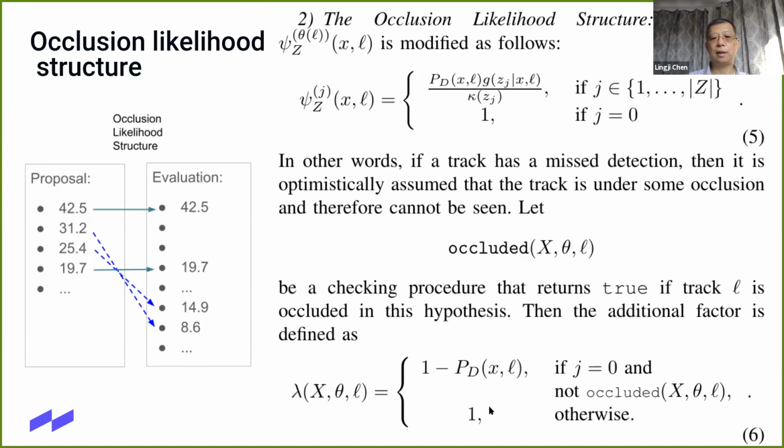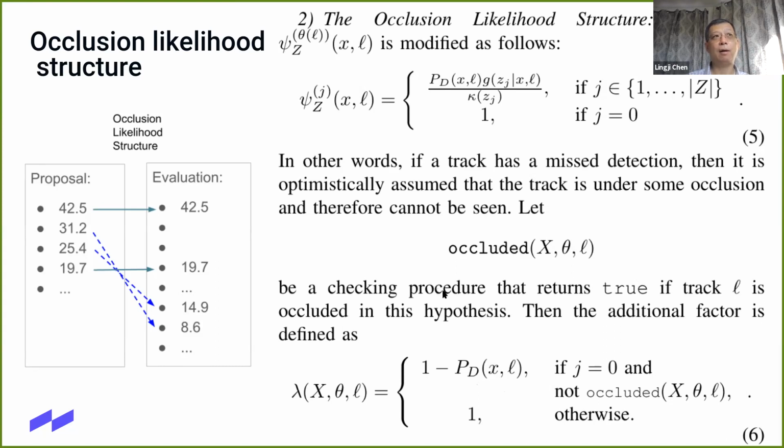So it either stays as 1 or it drops from 1 to 1 minus PD. So this would satisfy the previous requirement that lambda is between 0 and 1. That's why this type of occlusion likelihood structure also falls into the category where we can handle the dependence.